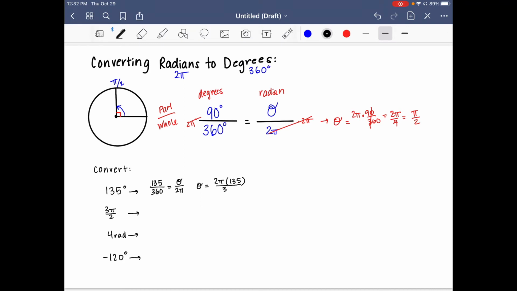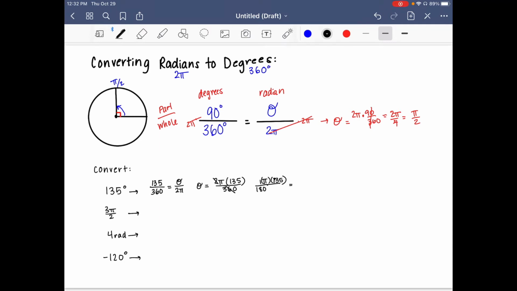Now I can simplify this in any way that I want to. If I had a calculator, honestly, I would just plug it in. I'm going to leave the pi there though. I'm not going to multiply by 3.14. That way we're more exact when we actually use the character for pi instead of substituting for 3.14. So if I didn't have a calculator though, I would just look for easy things to cancel out. 2 in 360 simplifies to 1 over 180, and I still have pi and 135 on top.